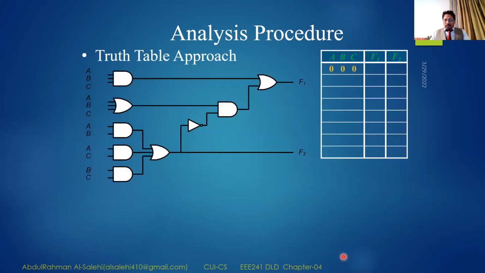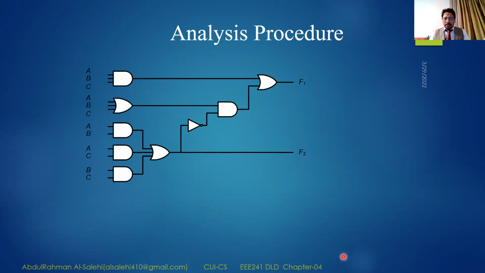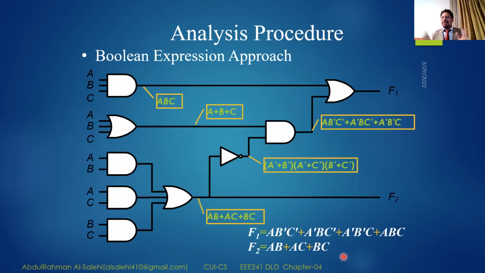Now, what we have seen from this is that the analysis is completed, as the Boolean functions have been implemented and expressed, written in a very clear and easy manner.